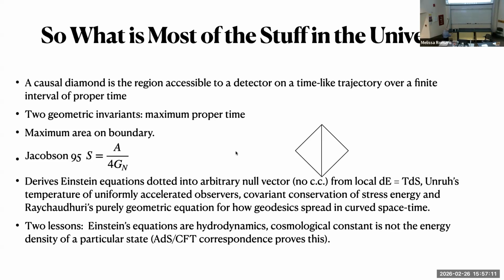And then if I look at the past point and the future point, there are a lot of different time-like trajectories that connect those 2 points. But there's one that has maximal proper time, and that's called the geodesic between those 2 points, the time-like geodesic. And that's one of the invariants of this causal diamond.